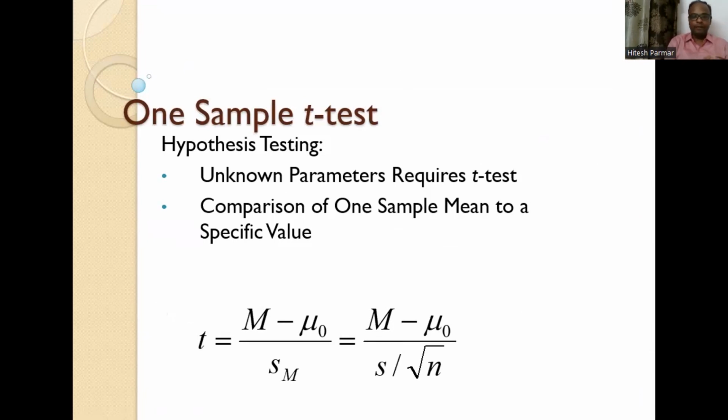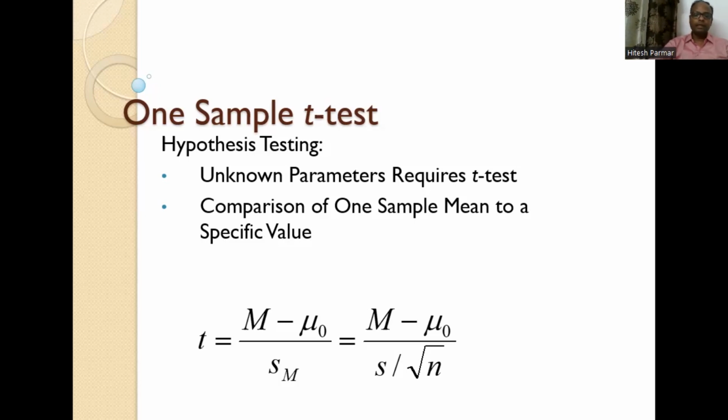So here M and mu 0 that we are seeing in the equation are being compared. M is your sample mean and mu 0 is some benchmarking value. If we do not have this benchmarking value, then we cannot go for the one sample t-test. We must have some benchmarking value to go for it.